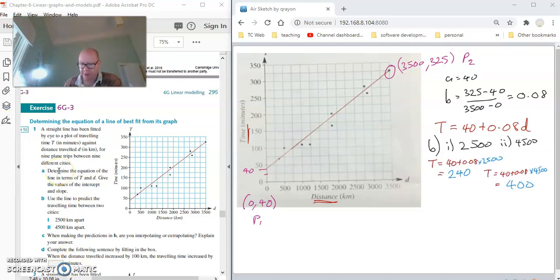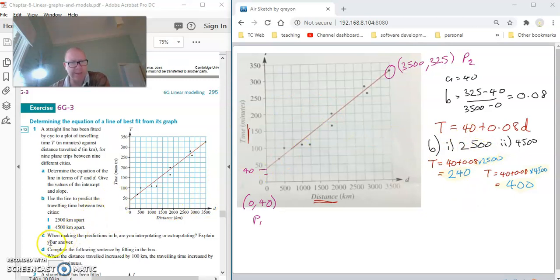So I just ran through quickly and plugged those numbers in. As you can see, replacing the d with 2,500 got me an answer of 240 minutes. Okay, same way, 4,500 got put into the equation and gave me 400 minutes. So by doing that, we've answered question B, and we've predicted two travelling times for those two cities which are that far apart.